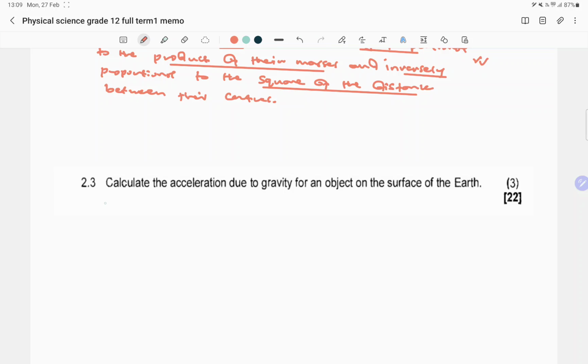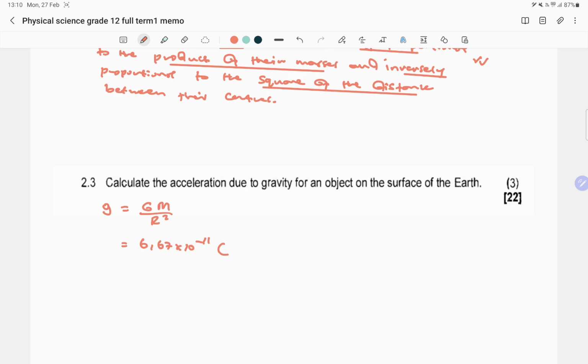Remember, there is a formula in your formula sheet that says g is equal to big G, big M over big R squared, because it just says the mass of the Earth divided by the radius of the Earth. Now this one is 6,67 times 10 to the minus 11 into, I don't remember the mass of the Earth. Is it 5,98, something like that, times 10 to the exponent 22? But let's have a look.